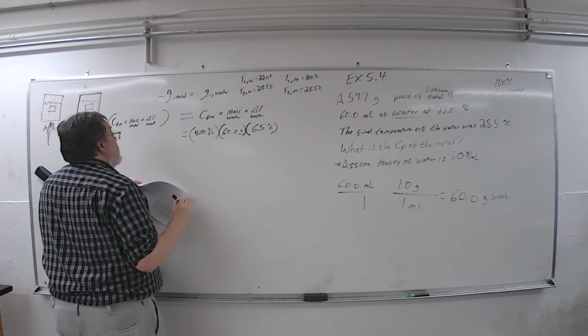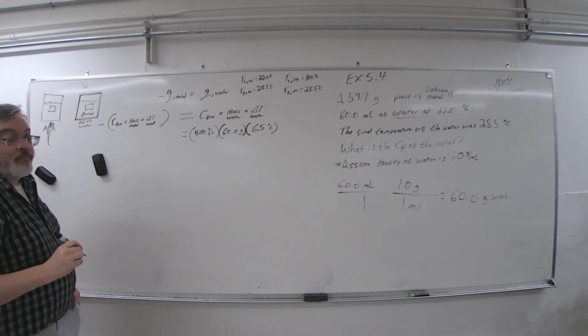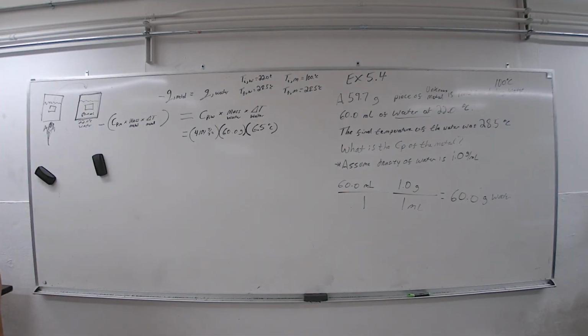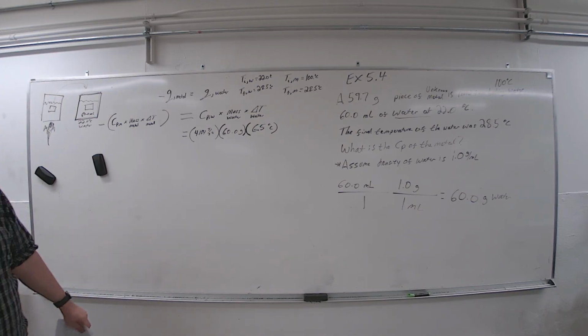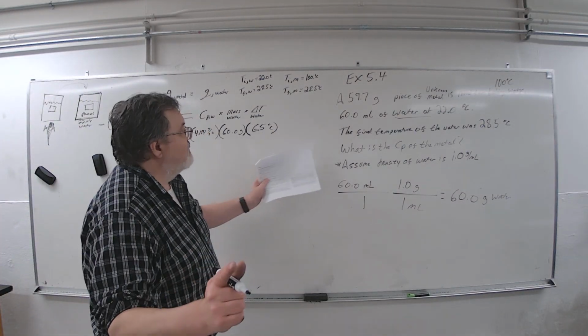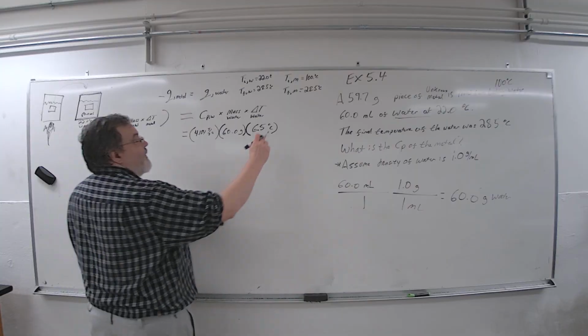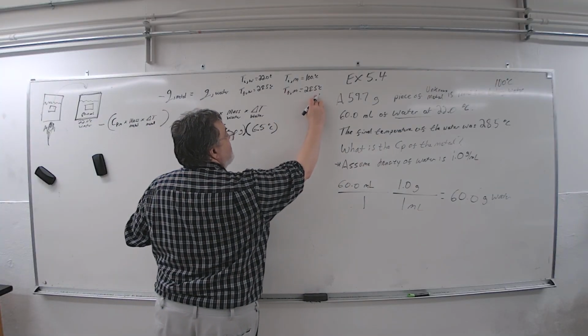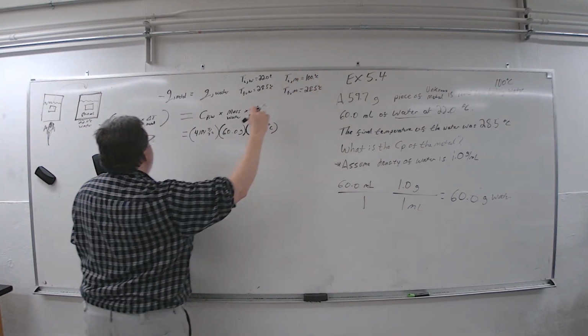What's the delta T of the metal? Initial minus final. Excellent. You said negative. Yep, it's final minus initial. It's 28.5 minus 100.